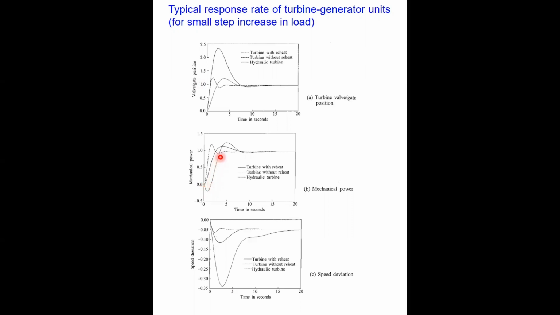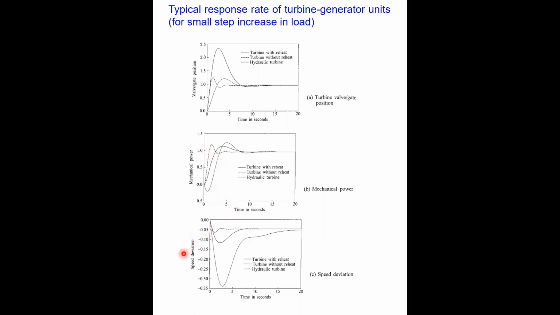The hydro turbine is comparatively slower. Without reheat, the response is faster. But with reheat, the steam turbine is comparatively slower with respect to the steam turbine without reheat.